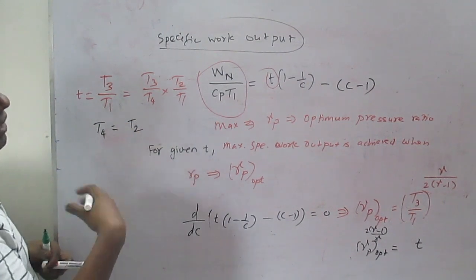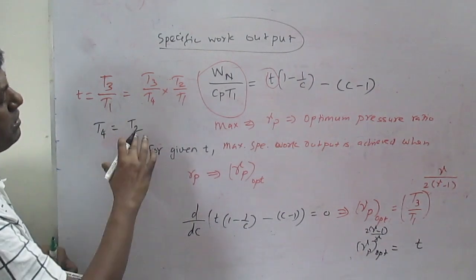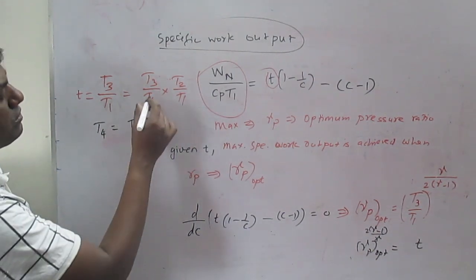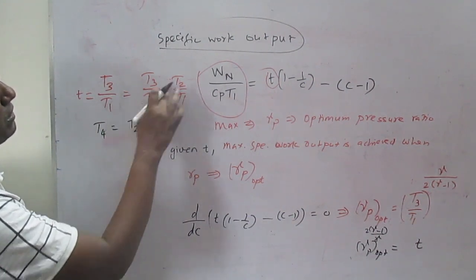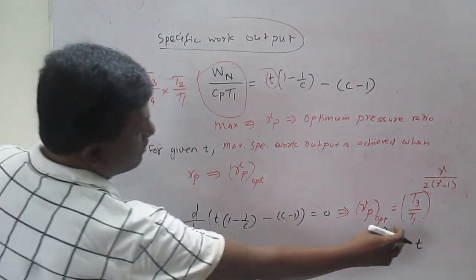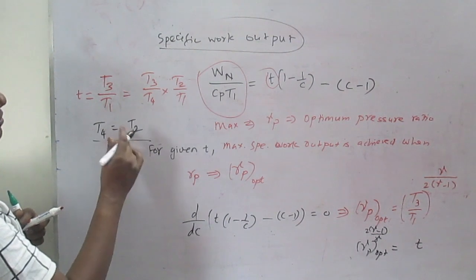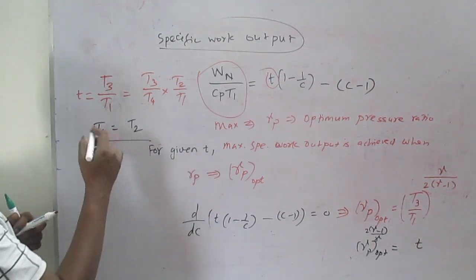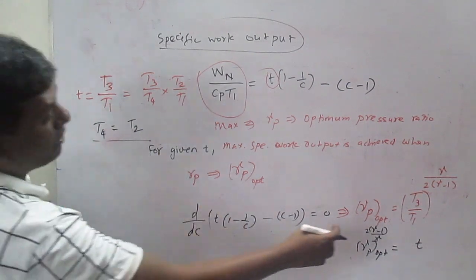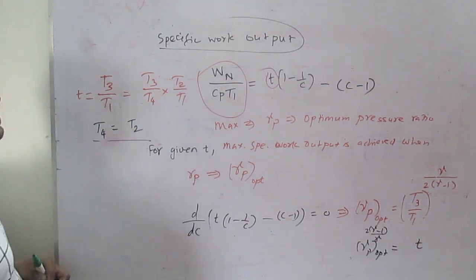It means maximum specific work can be obtained when the turbine outlet temperature becomes equal to the compressor outlet temperature. Whenever these two are equal, then we can say T3 by T1 holds, that is what we obtain here. This is the condition for maximum specific work output, and it happens at the optimum pressure ratio.